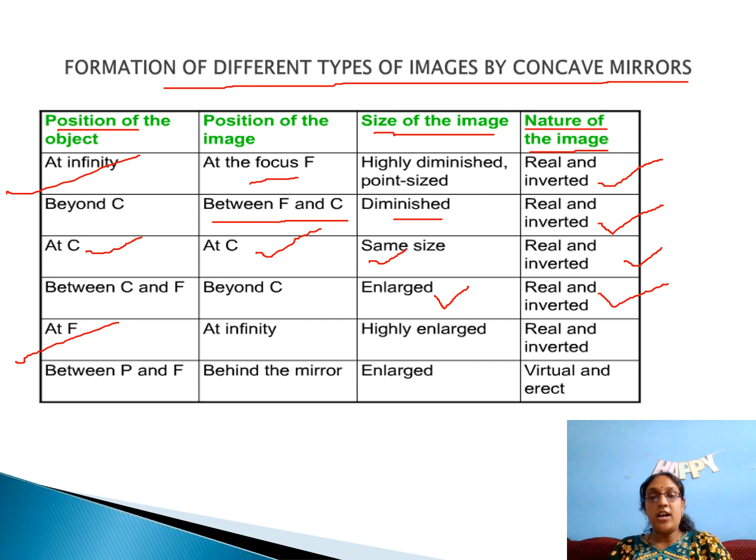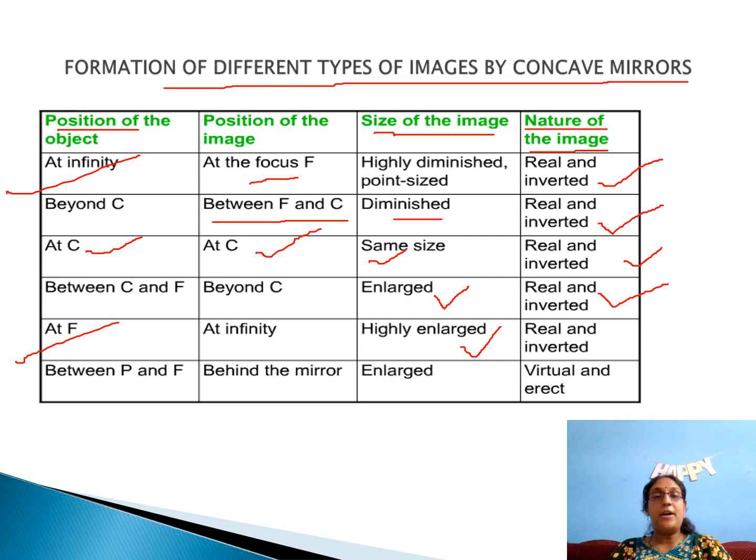Okay. So here, when you keep the object at focus, what happens? You'll get the image at infinity, and the size of the image is highly enlarged. And what about the nature of the image? The nature of the image is real and inverted.